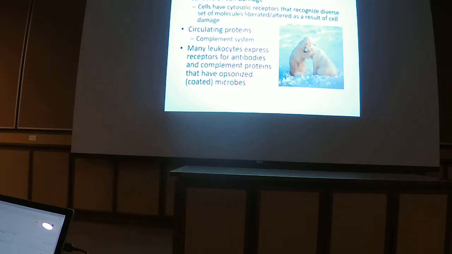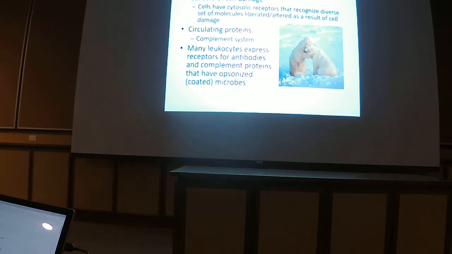So how are problems detected so that an inflammatory response can commence? We've talked about receptors for microbes, whether they're extracellular or intracellular. There are also sensors of cell damage.